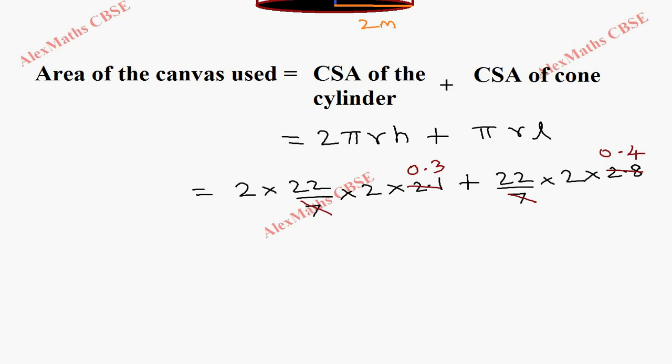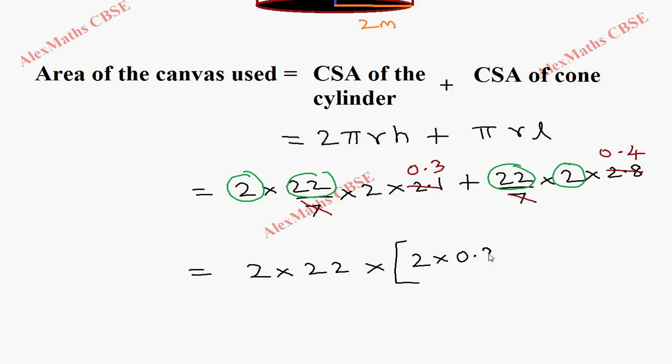Now we can take the common terms out. We find 2 is common, 22 is common. After taking 2 and 22 common from each term, we are left with 2 into 0.3 in the first term, and in the second term, plus 0.4.